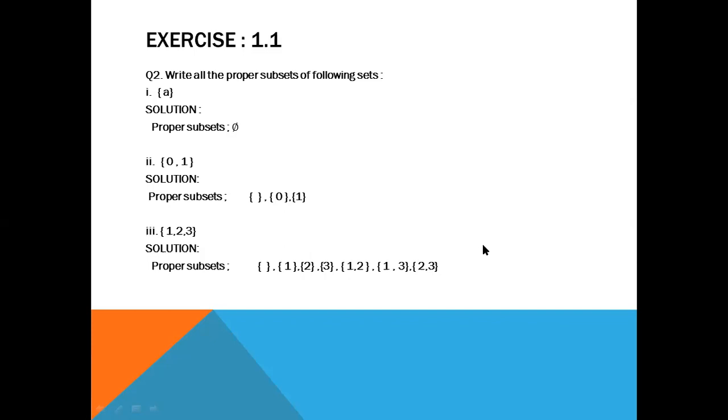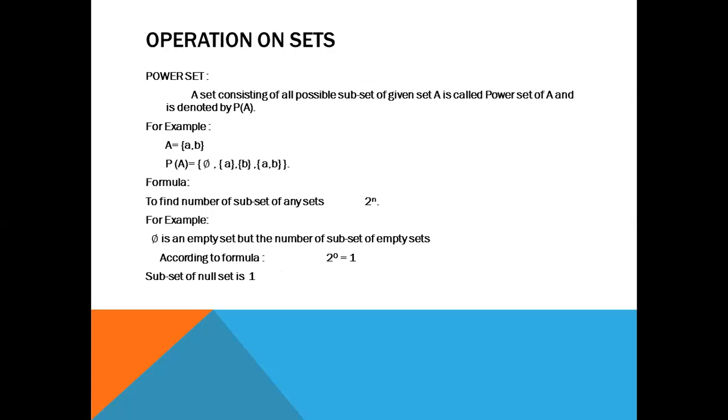Okay. Now we come to the third question, the last question of the exercise. Write the power set of the following sets. Before finding the answer, we go back to the definition and we see how we find the power set of the given sets. I told you that power set is not a type of subset.